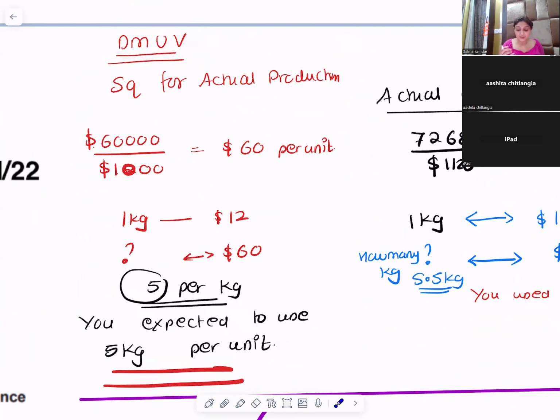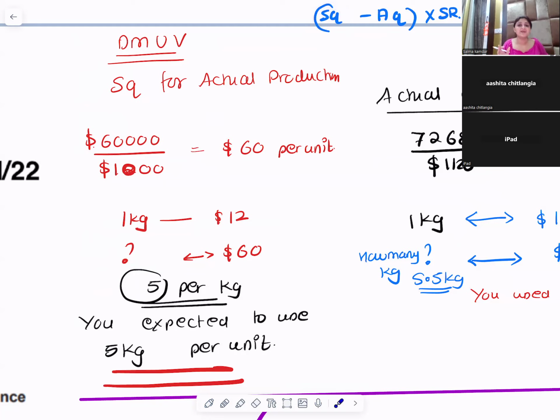So usage variance is standard quantity minus actual quantity into standard rate. Now I have to find the standard quantity, but for actual production.